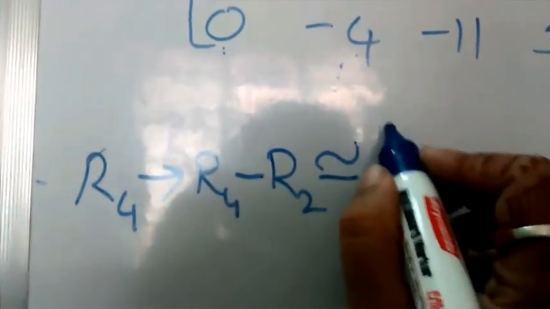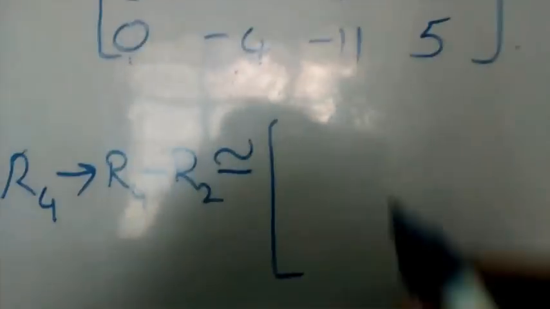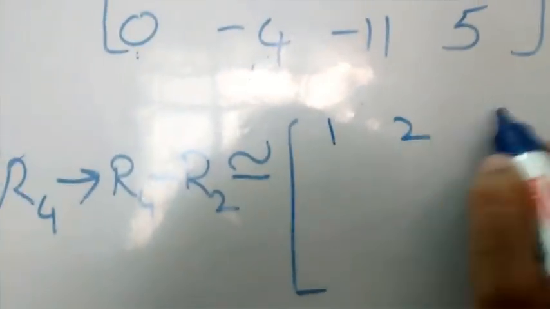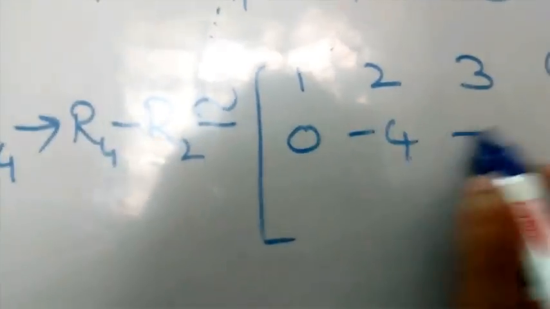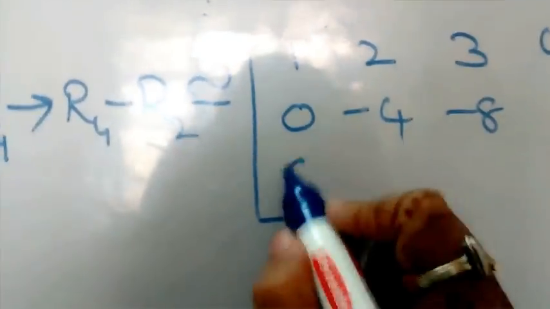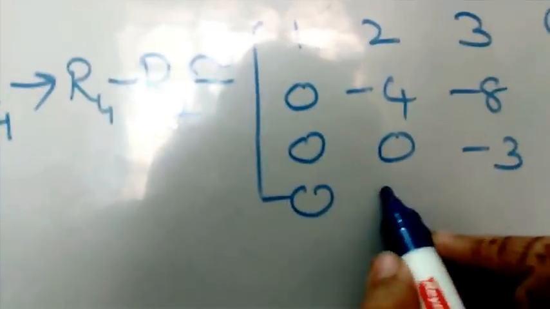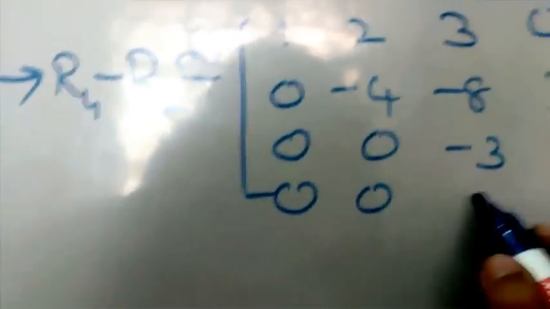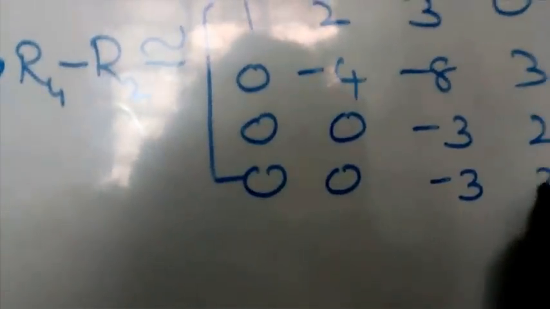If I take plus, the number is going to be added because minus is there. So we write 1, 2, 3, 0, 0, minus 4, minus 8, 3, 0, 0, minus 3, 2, 0, 0, minus 11 plus 8 as minus 3, then 5 minus 3 as 2.